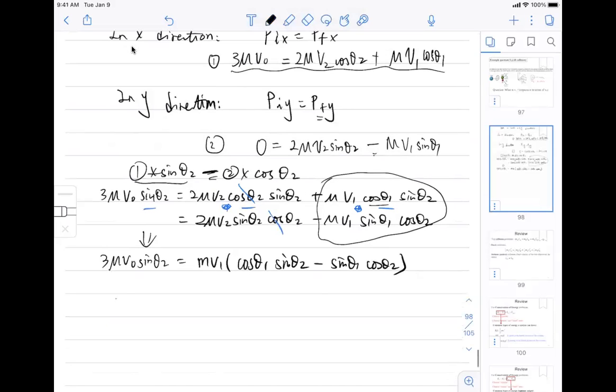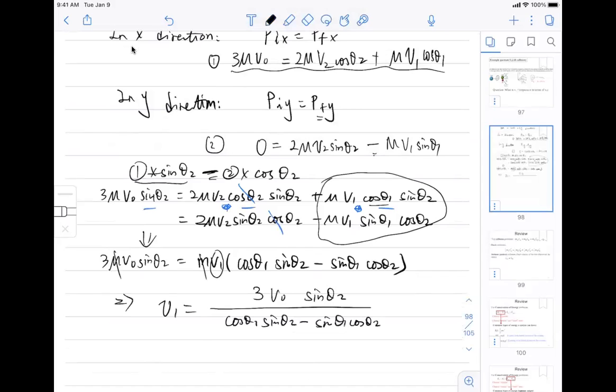Okay, so that helps me solve for v1. v1 is going to be 3, m cancels, v naught sine theta 2 over cosine theta 1 sine theta 2 minus sine theta 1 cosine theta 2. So you can plug in the numbers at this point, you get 1.46 times v naught.